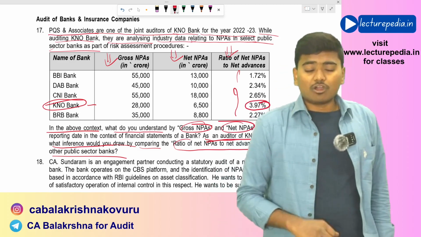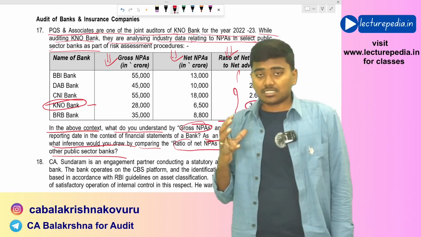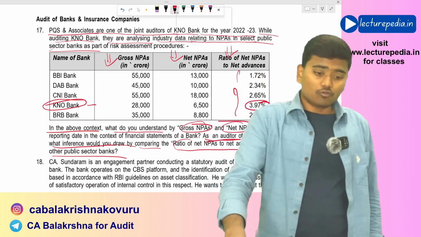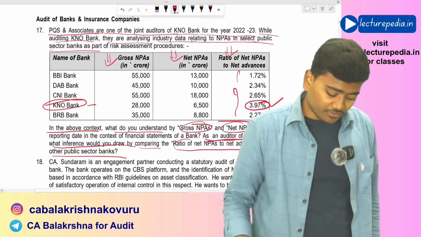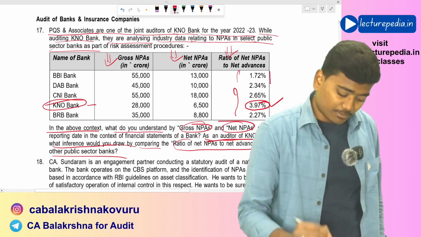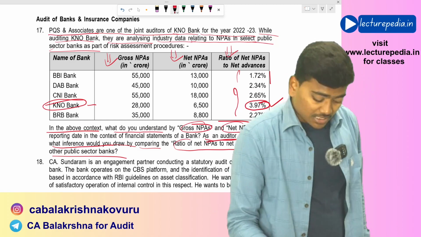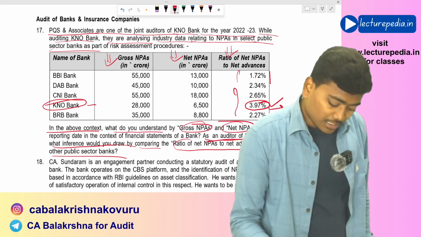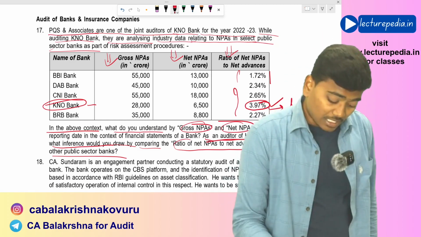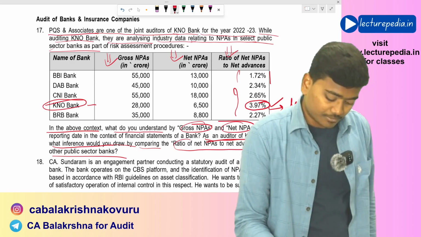The ratio of net NPAs to total advances of Canva Bank is 3.97%, which is highest when compared to other banks. That means you can come to a conclusion that Canva Bank might have provided lesser provision.